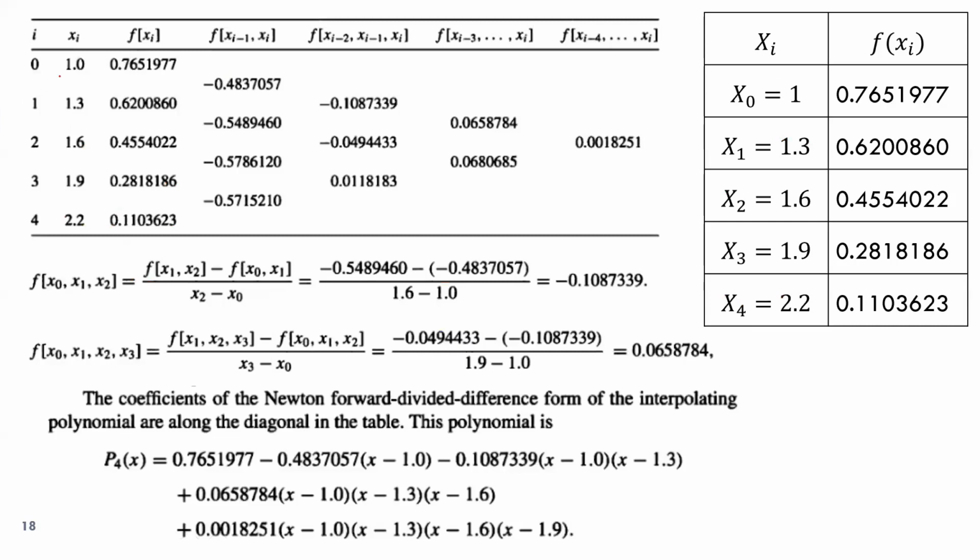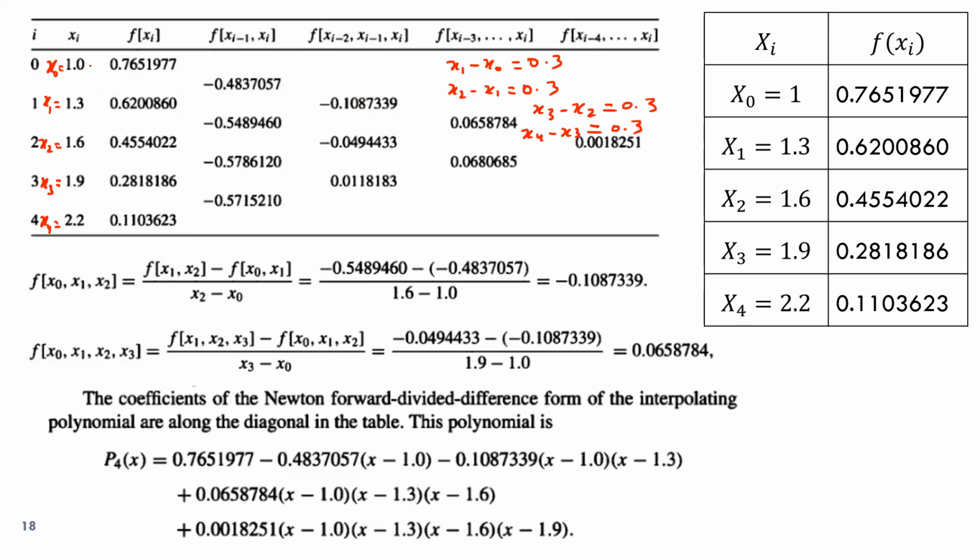So here, this is x0, x1, x2, x3, x4. So if we do x1 minus x0 شتعطينا؟ What is the difference here? 0.3. x2 minus x1 بكم؟ 0.3. x3 minus x2, 0.3. x4 minus x3, 0.3.